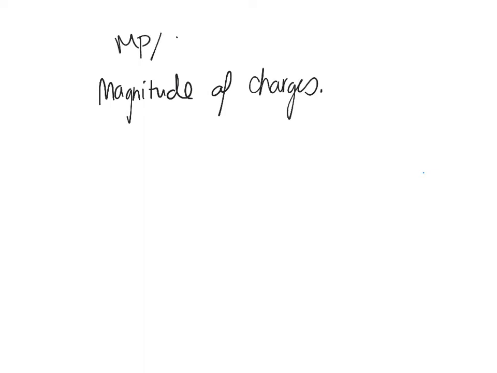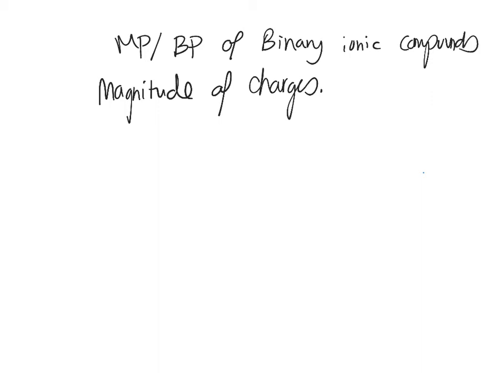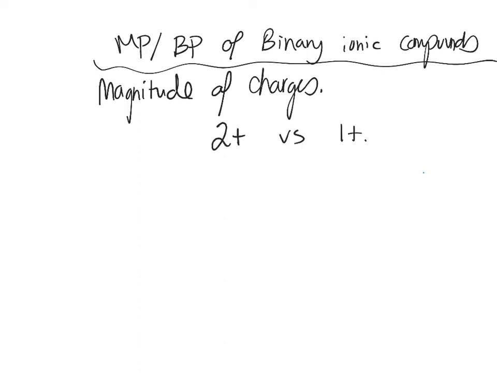Melting point / boiling point of binary ionic compounds. So the magnitude of charges. Having something that has a 2+ versus a 1+ will have a different melting point.